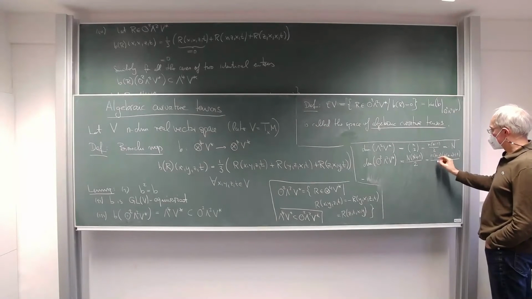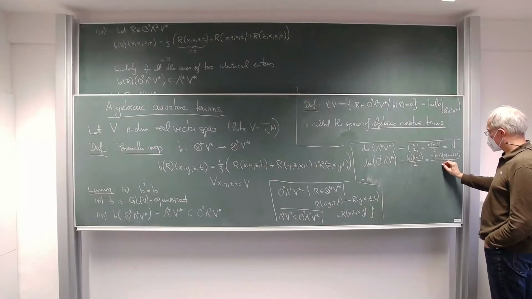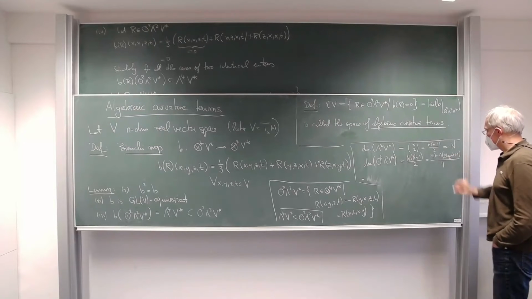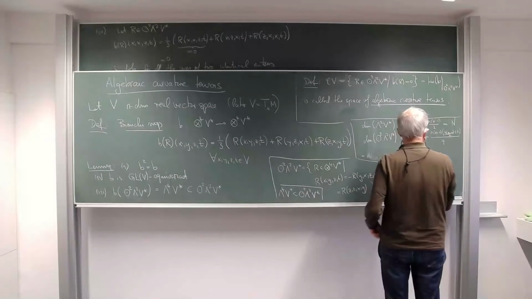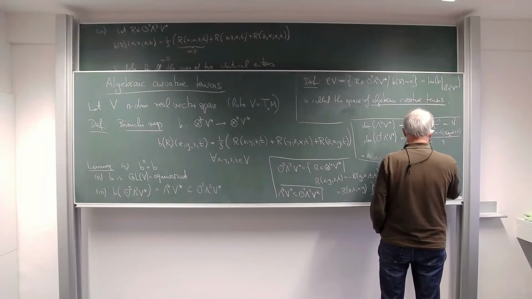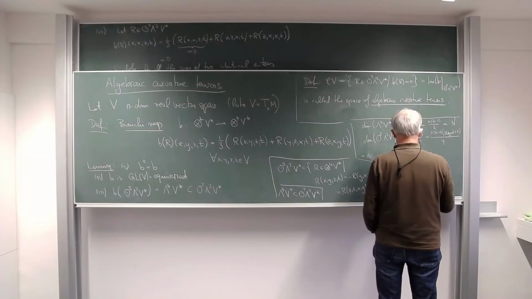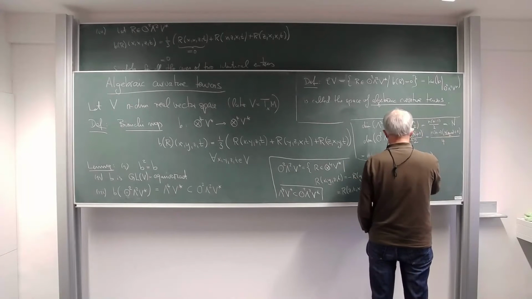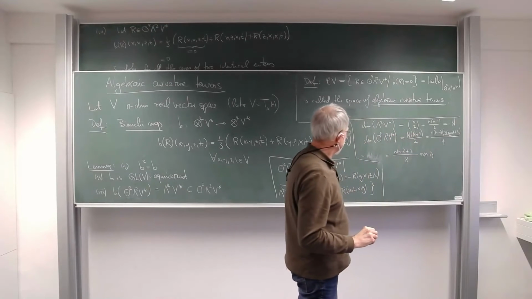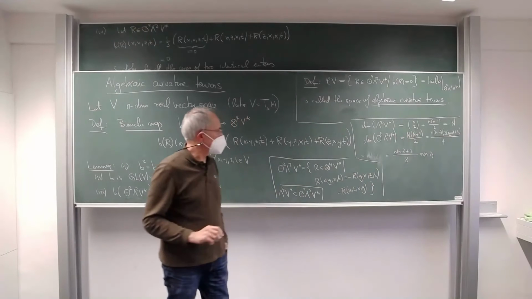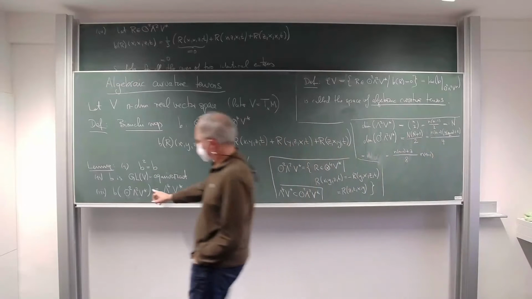We have a 2 coming from here, a 2 coming from here, which gives me a 4, and then there's another 2, so an 8. Let's simplify that a bit. So we get n squared minus n plus 2, over 8, times n times (n minus 1). Alright, so that is the dimension of this space.